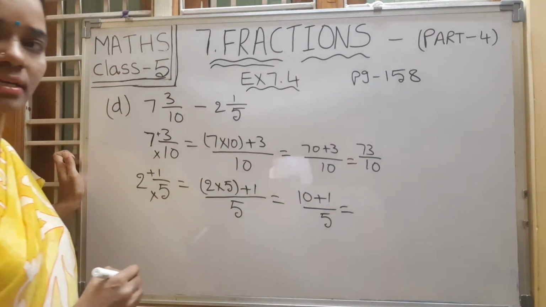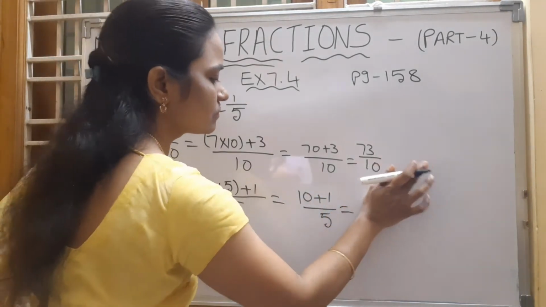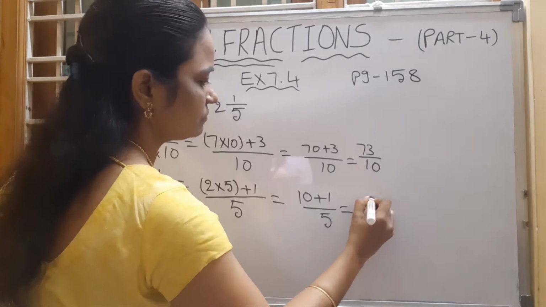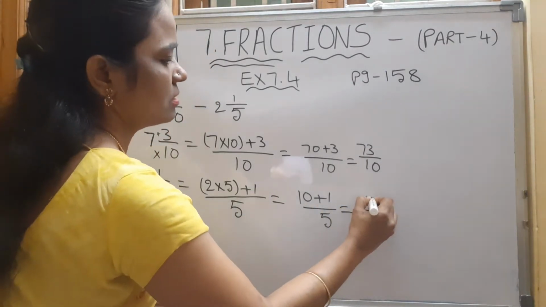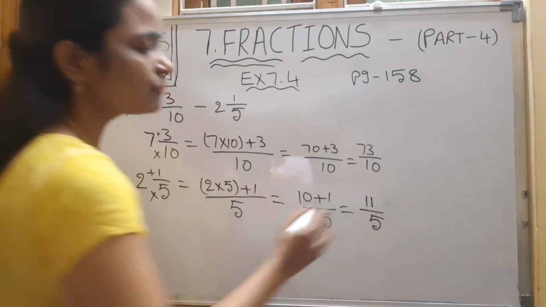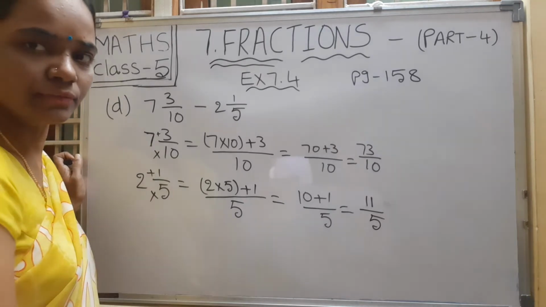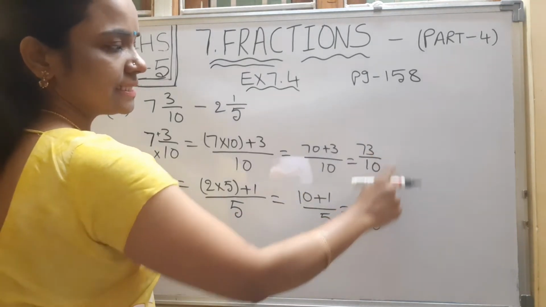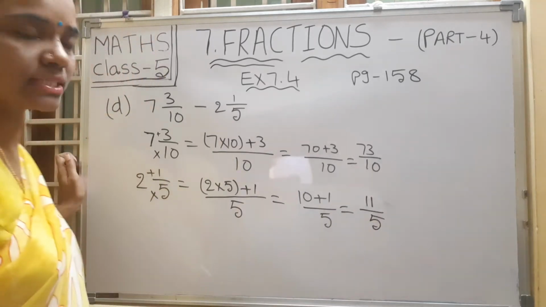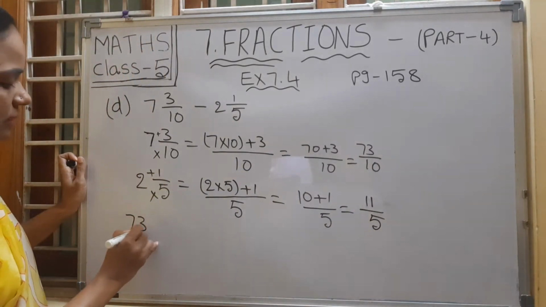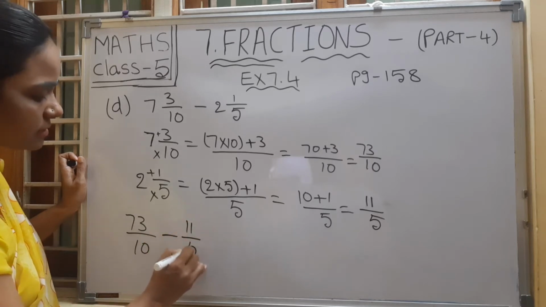So what is the final answer? 10 plus 1 is 11 by 5. So 2 1 by 5 becomes 11 by 5. Now these are the unlike fractions. Now take subtraction. So what is the first fraction? 73 by 10 minus 11 by 5.